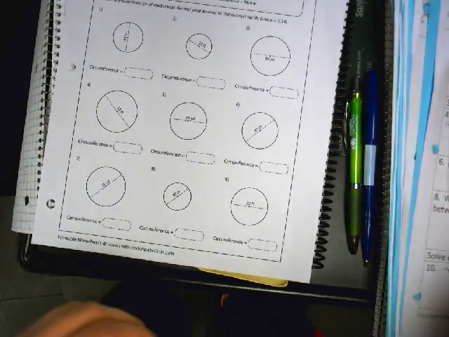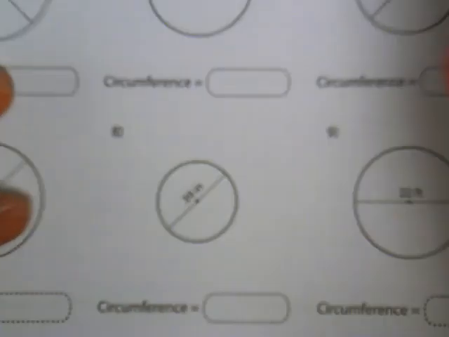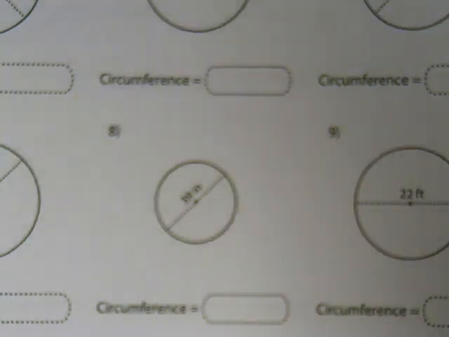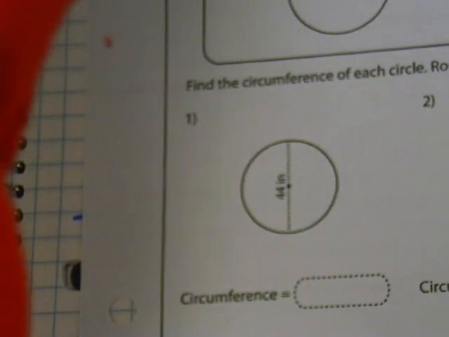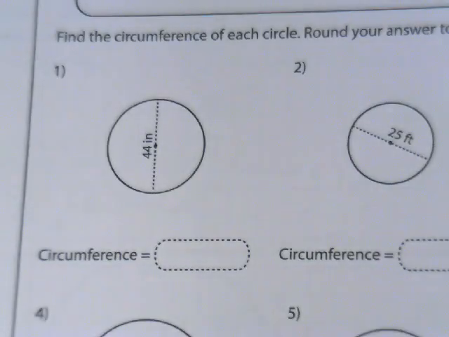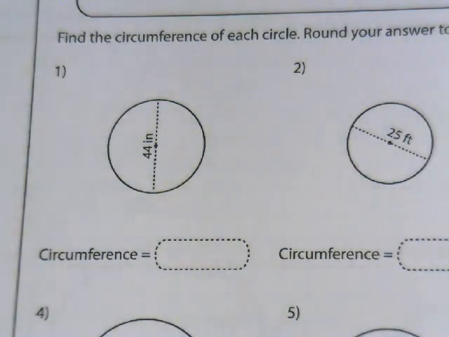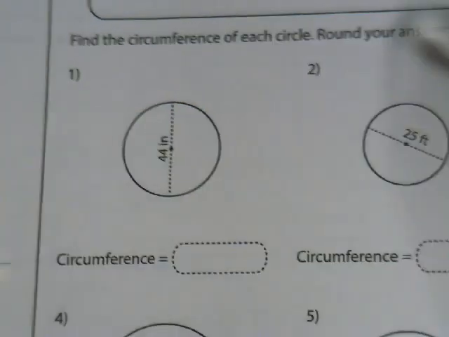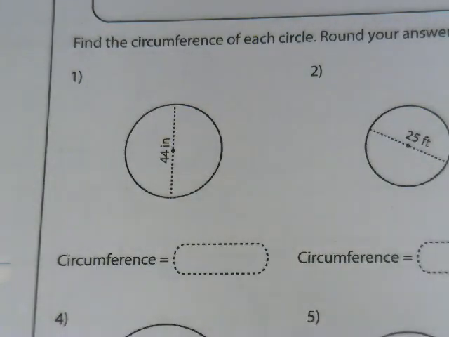So what does Miss Amelie want to see? Because if you just write the answer, I will gladly, with a smile on my face, give you a 0. You have to put C equals and then 44 times 14. Do you want us to also put the C equals and then the pi thing? We can do that on the top.